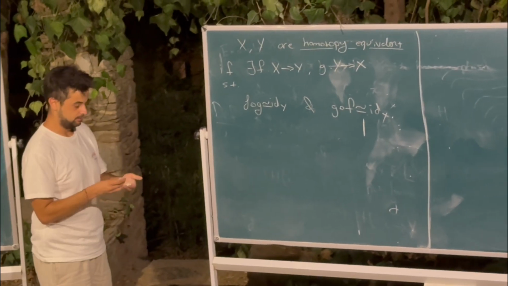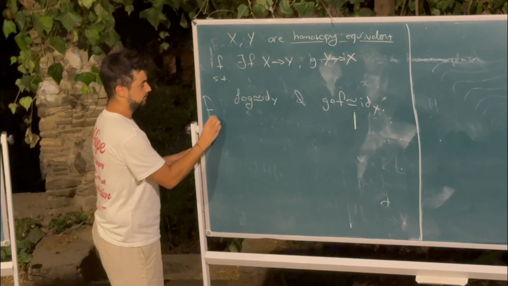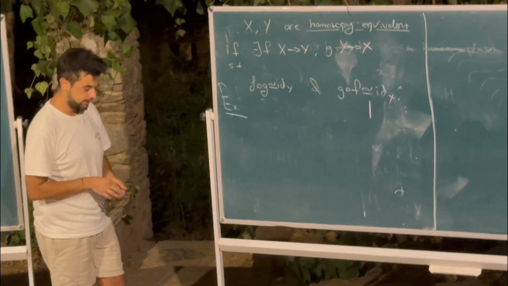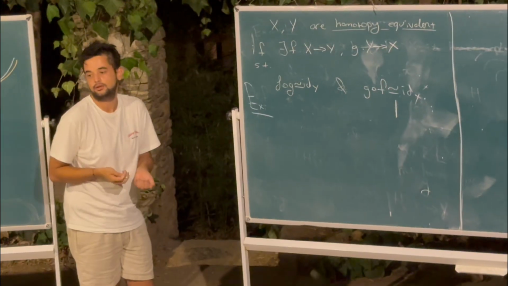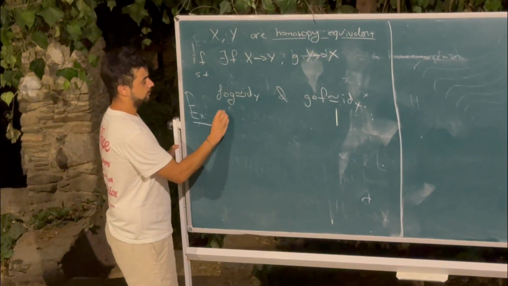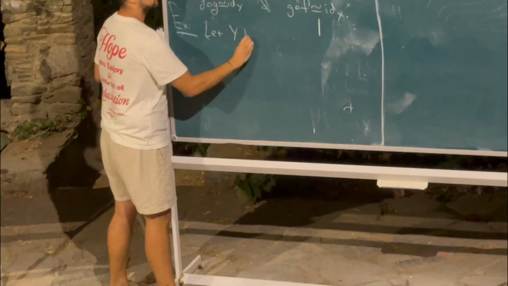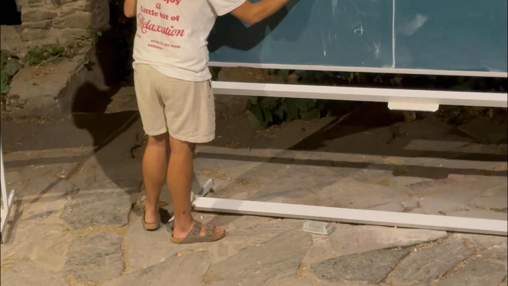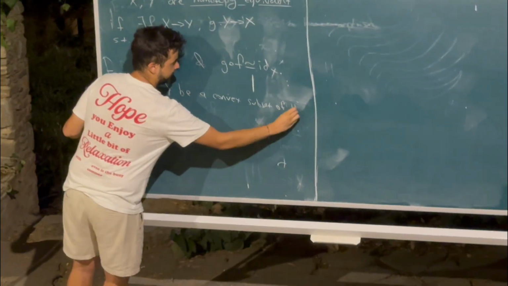Okay. One example. Let's try to come up with two spaces that are not homeomorphic to each other but homotopy equivalent to each other. Let Y be a convex subset of R^n.